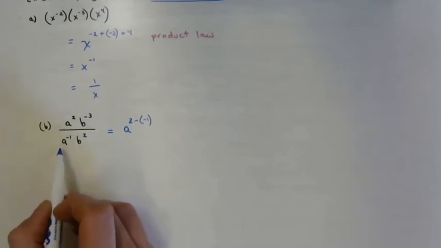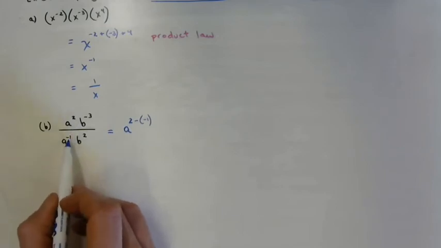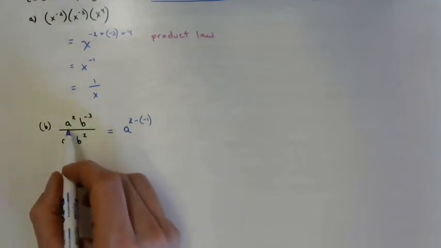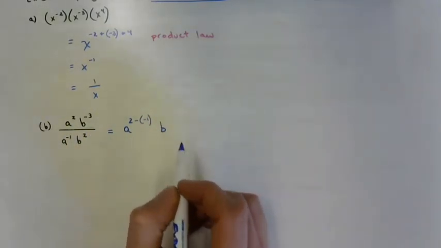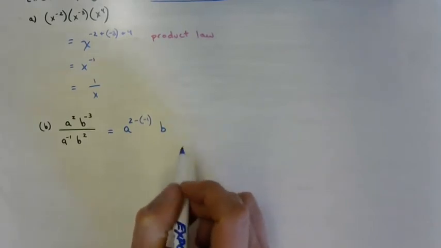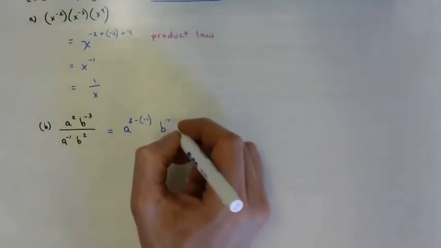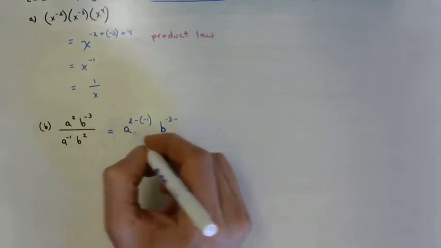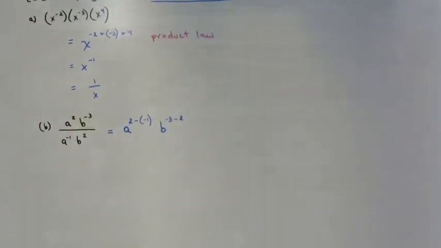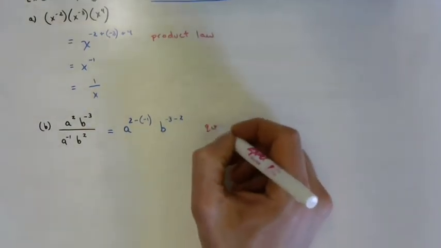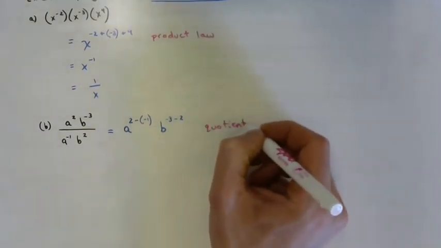So I just have to take my base of A and go 2 minus -1. Okay, and that's being multiplied by factors of B. How many factors of B? Well, we have -3 minus 2. Okay, that's the quotient rule happening twice. Quotient rule.